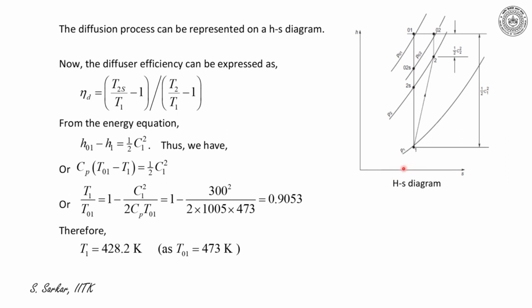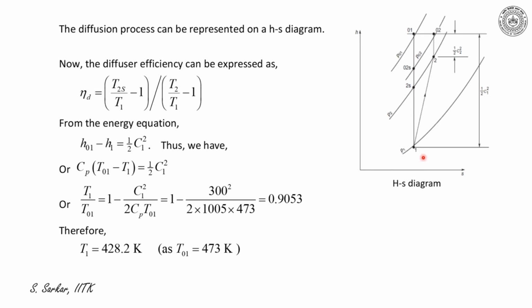Thus, in the HS diagram, I have plotted the constant pressure lines P1 and P2, and 1 to 2 is the diffusion process, which is a non-isentropic process, so the entropy increases.